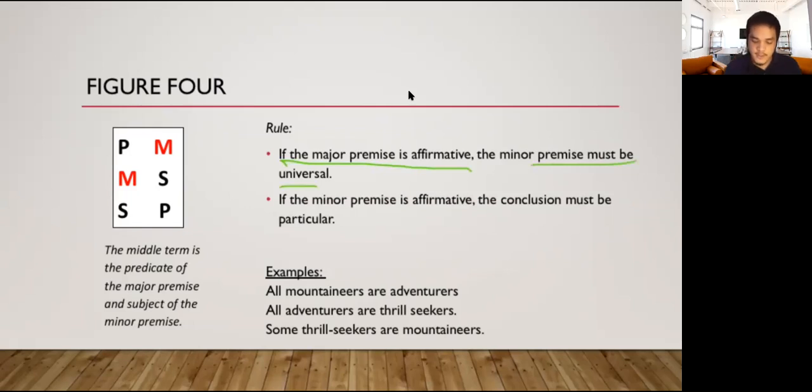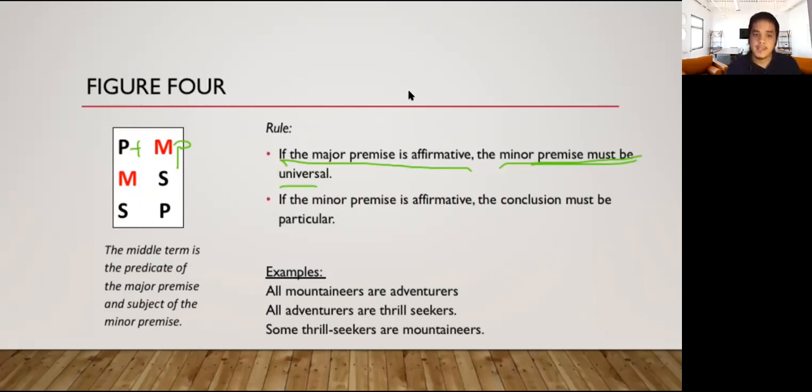So if the major premise is affirmative, then this becomes MP. That's why the second clause tells us that our minor premise must be universal, so that it avoids the fallacy of undistributed middle term, wherein the two middle terms are both particular. So in order to avoid that, we need to make our middle term in the minor premise universal.